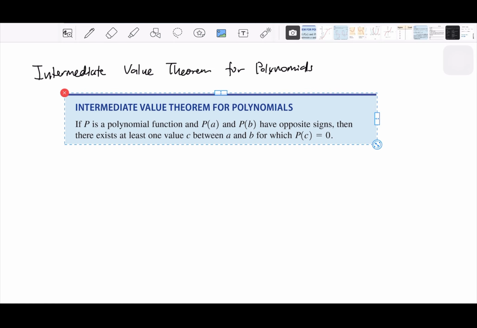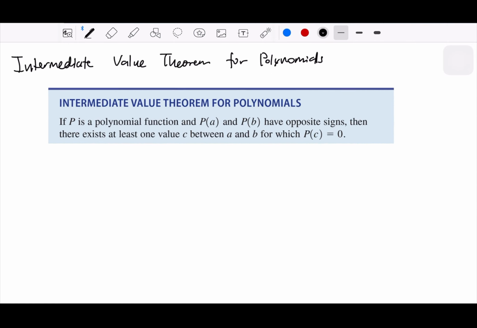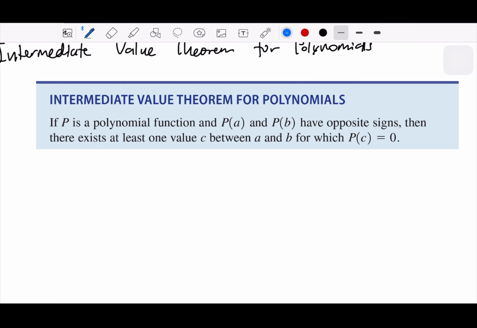The theorem says that if P is a polynomial function and P of A and P of B have opposite signs, then there exists at least one value C between A and B for which P of C is equal to 0.